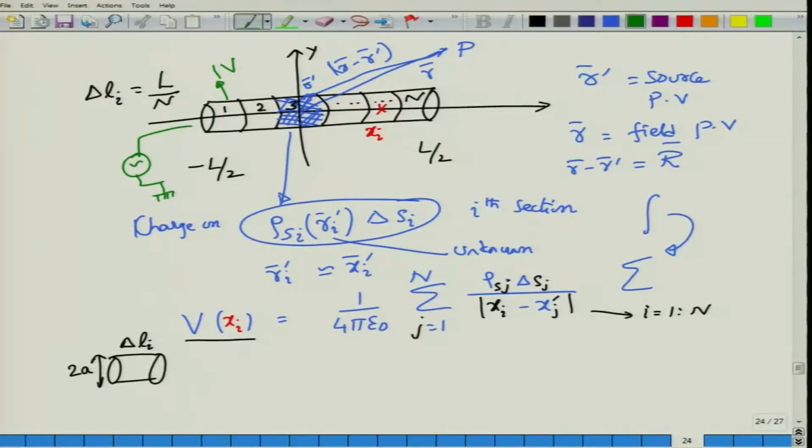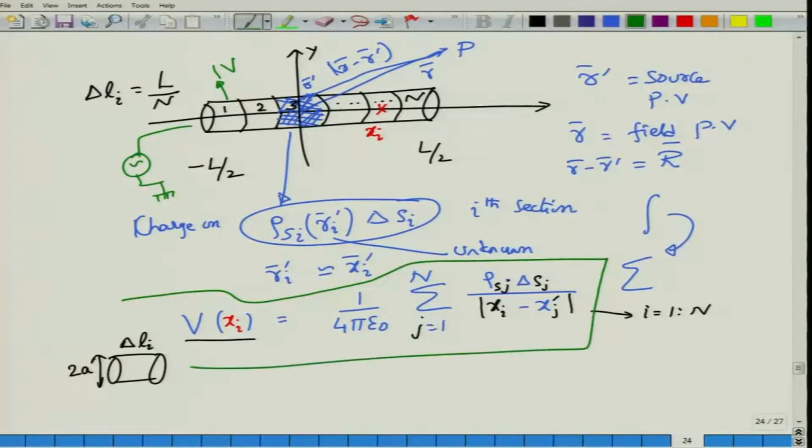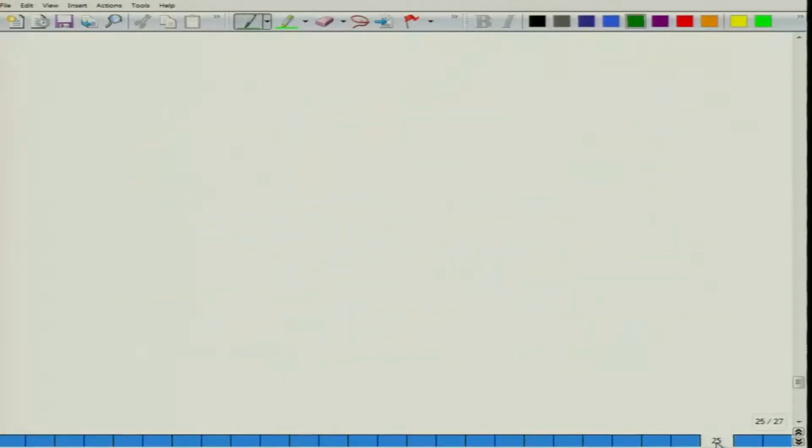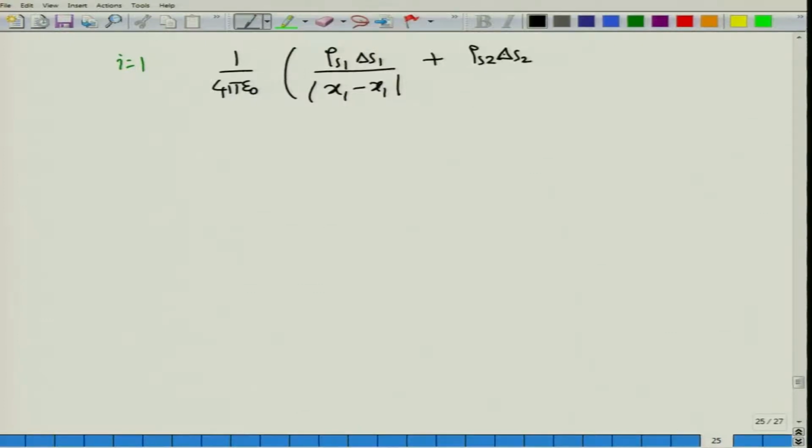Now that we have written here j goes from 1 to n, i also goes from 1 to n. Let us write for all values of i what the corresponding expression would be, and you can very easily see that for i equal to 1, that summation sign has to be expanded, and what I get will be 1 by 4 pi epsilon, which is a constant, times rho s1 delta s1, this is on the section 1, and I am looking at the potential at x1 itself because of x1, plus the charge on the section 2.